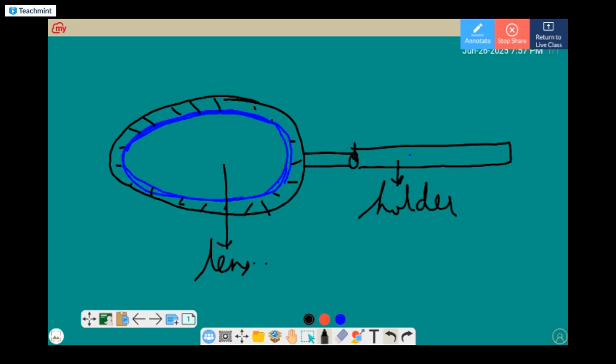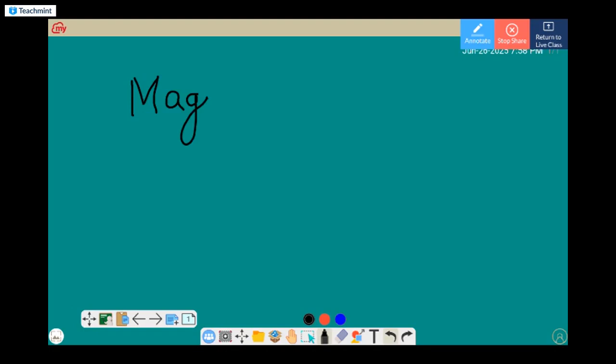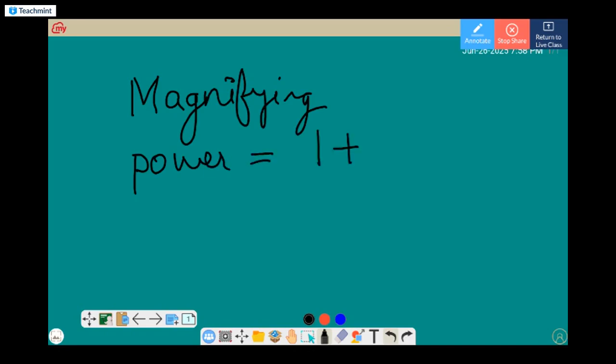Okay. Now the next thing quickly we'll see is the magnifying power. This power and the lens combination power have a difference in the formula, so be very careful which power you are mentioning. Magnifying power is going to be 1 plus D by f.